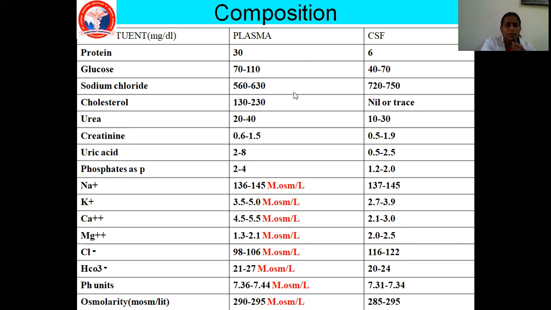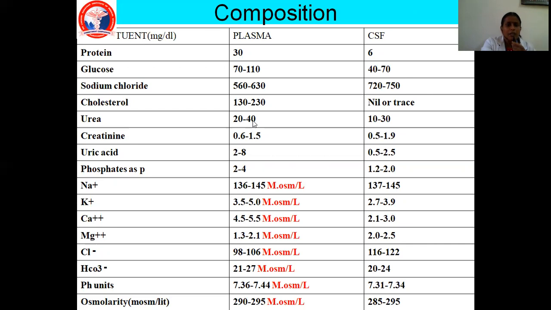And sodium chloride is 560 to 630 milligram per deciliter in the plasma and 720 to 750 milligram per deciliter in the cerebrospinal fluid. Cholesterol is 130 to 230 milligram per deciliter, but in the CSF there is no cholesterol present.